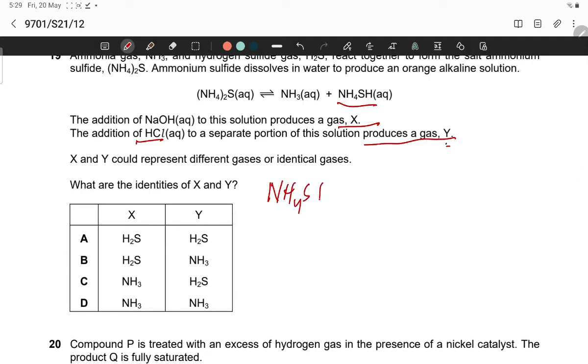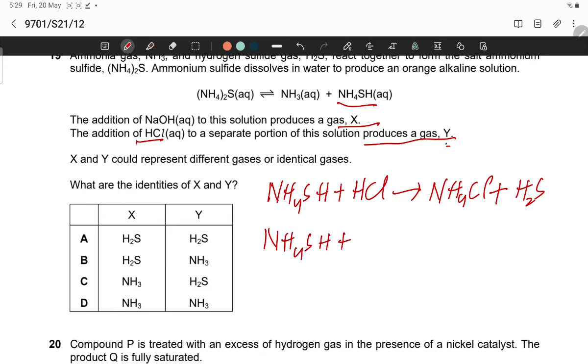NH4SH reacts with HCl to form NH4Cl plus H2S, and NH4SH plus, sorry, NaOH to form NaSH plus ammonia plus water.